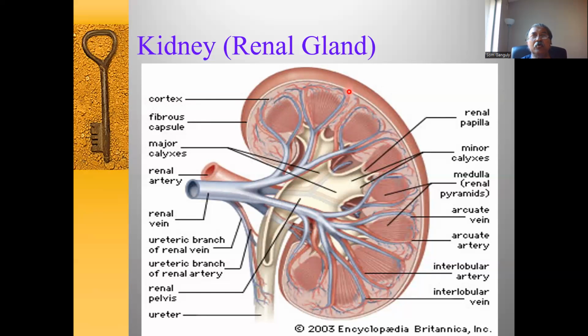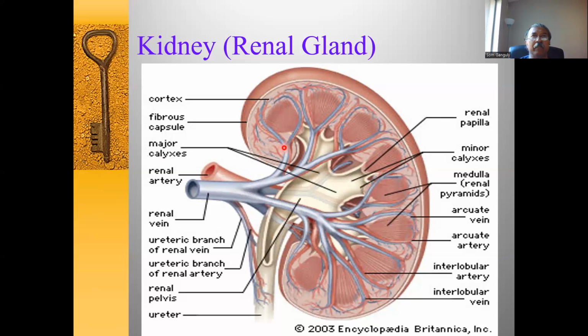Then if you go further down, you go into medulla. Medulla is this section right next to the cortex, these triangular looking, pyramid looking, dark brown areas. Now, medulla is surrounded by blood vessels, vein and artery, arterioles and venules, capillary beds.